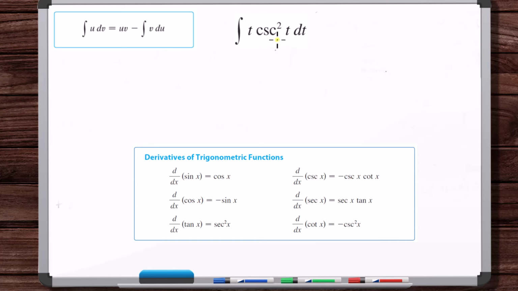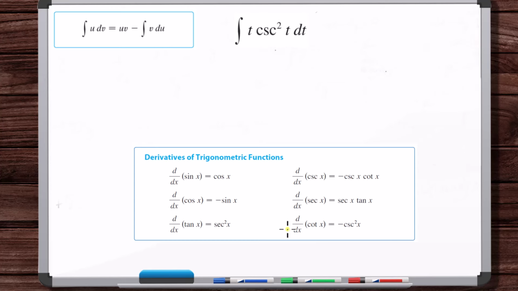We would use the chain rule. The derivative of cosecant squared of t would be 2 cosecant t times the derivative of cosecant t, which is 2 cosecant t times minus cosecant t cotangent t. That's complicated, but we could still set up the integration by parts formula and see what happened.